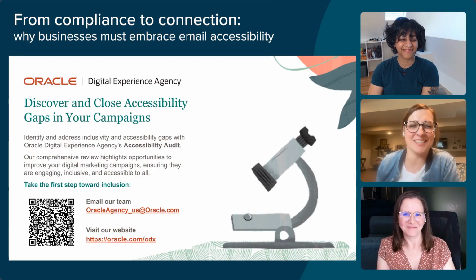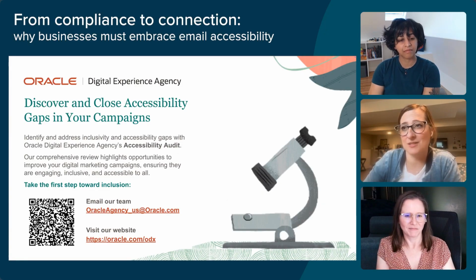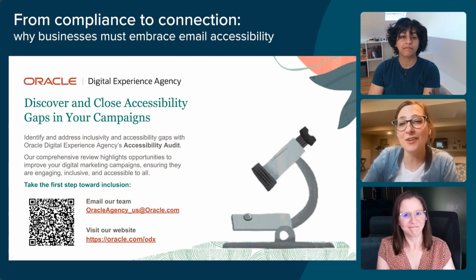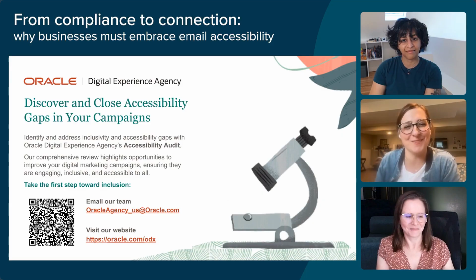On the screen, you'll see a QR code, and Sarah pulled together one of her latest blogs on the ODX site about knowing when you're ready for an accessibility audit. Sometimes it's just that your template has been in play for over 5 years and you haven't looked at it. Feel free to reach out to us via email or through our website. We look forward to working with you.